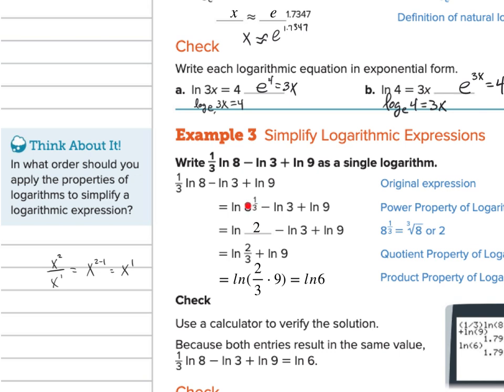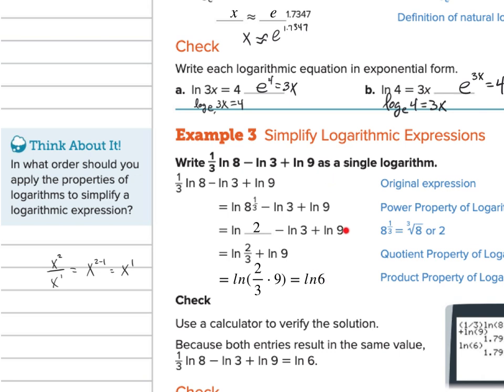And so this simplifies to the natural log of 2 minus the natural log of 3 plus the natural log of 9, which, again, the natural log of 2 minus 3 is going to be division. So the natural log of 2/3 plus the natural log of 9, which is really plus is indicating multiplication. So the natural log of 2 divided by 3 times 9 is going to be the natural log of 6.